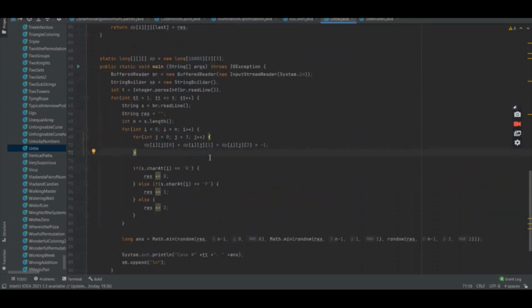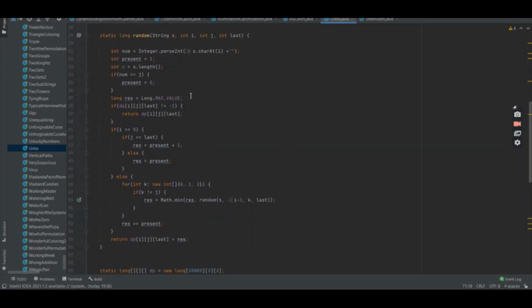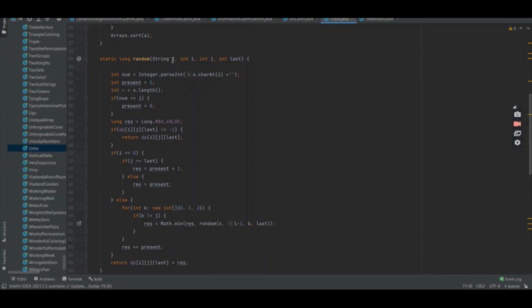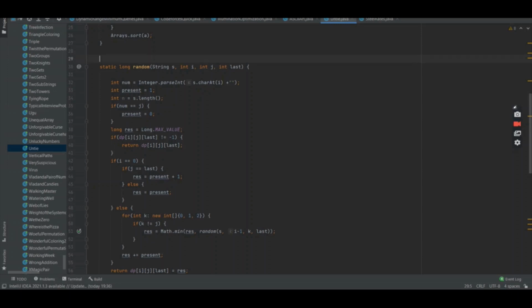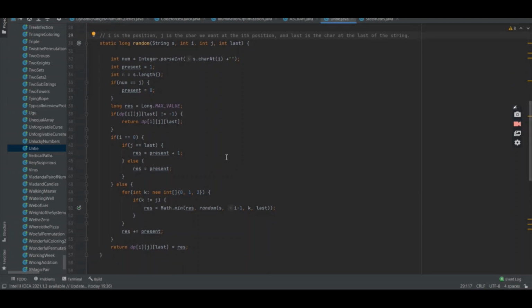I use this recursive function which returns the state of DP, where S is the string, I is the position, J is the character we want at the ith position, and last is the character at the last of the string. I'll explain why this is important. I did a simple transition here, nothing fancy.